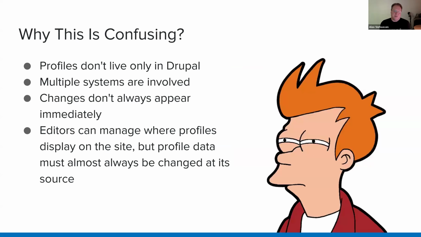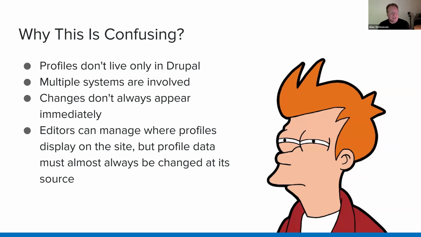So why is it so confusing to manage member profiles on your website? Well, the profiles, while they look like they live on your website, don't only live in Drupal. They come from a number of different systems that are all tied together, and the data that creates that profile on your website cascades down from the Duke systems of record and through some management systems, and then ultimately into your website.